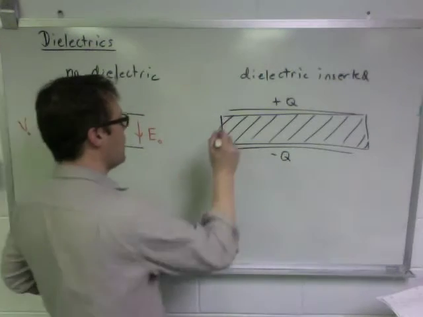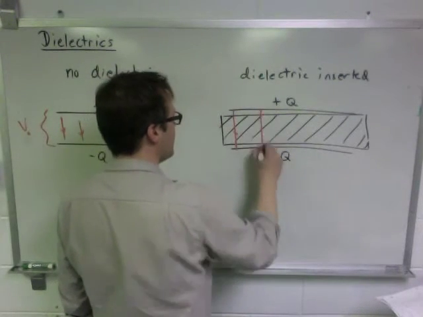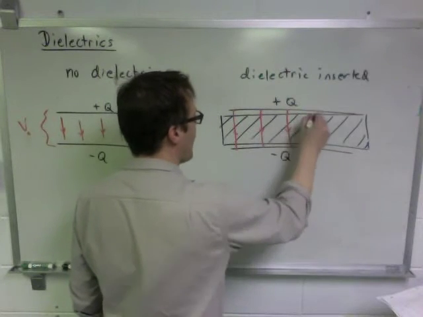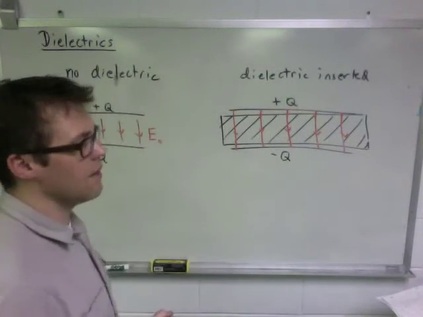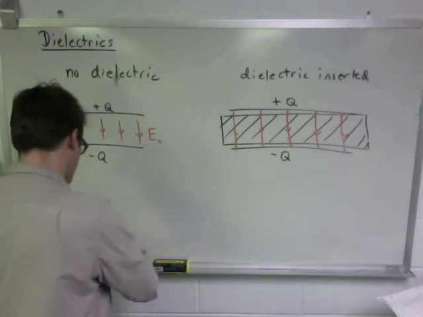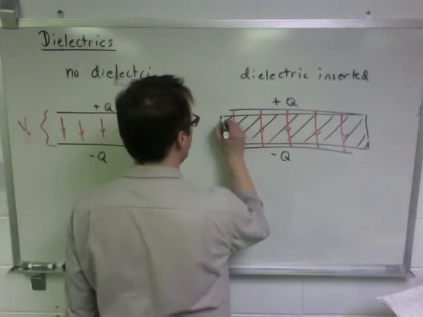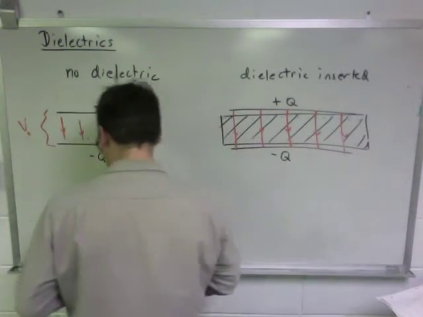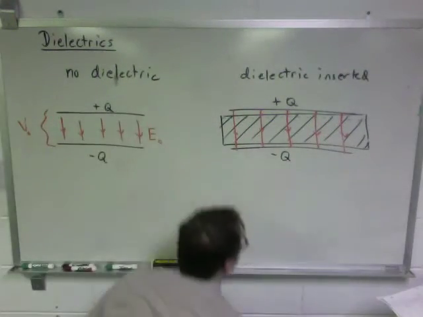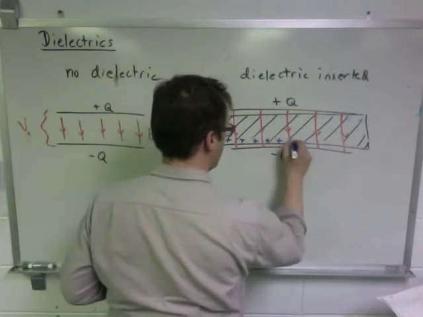Well, what's going to happen? We're going to have the exact scenario that I just drew in the picture before: insulating material in the presence of a downward electric field. So I'm going to get a negative induced charge layer up here and a positive induced charge layer down here.